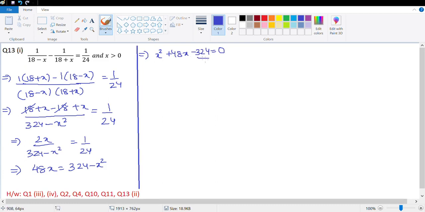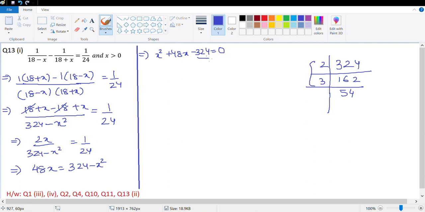Let's try and find factors of negative 324, the sum of which will be 48. So let's factorize. 324 is divisible by 2. That's 162. Let's divide by 3. Oh, I think we've already got our answer. 6 into 54.